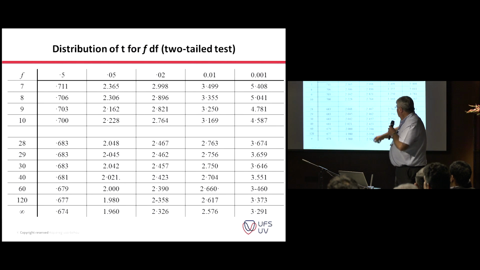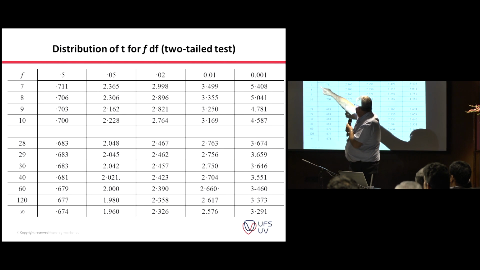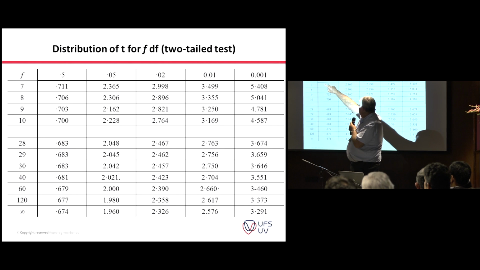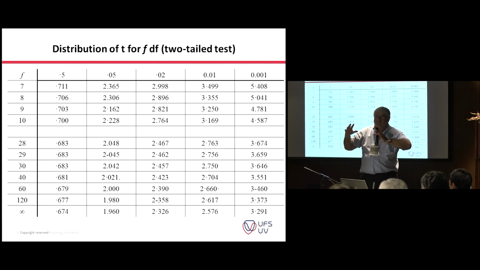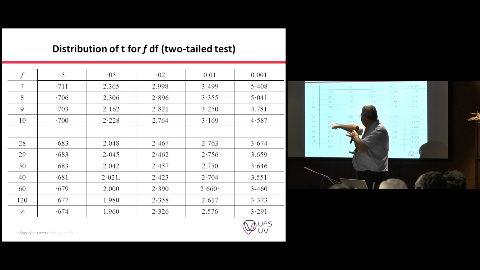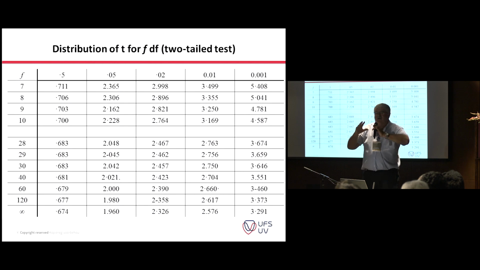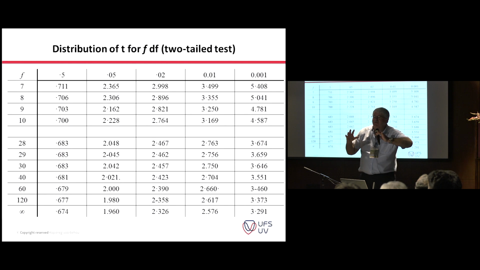Okay, so in other words, 95% of the population, if I only do 10 measurements, I have to use 2.2 times the standard deviation to be certain that I've got 95% of my population. If I have a very large number of samples, I use the value of 1.96 times the standard deviation, and I can be sure that I've got 95% of my population in that.